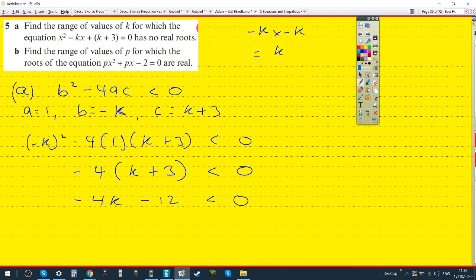K squared. Yep. Positive K squared. So B squared minus 4AC is minus K squared minus 4 times 1 times K plus 3, which gives us K squared minus 4K minus 12 is less than 0. Find the range of values for K. And then you put it into the calculator. Yep.